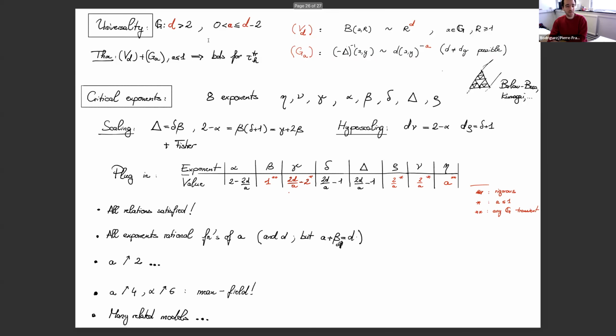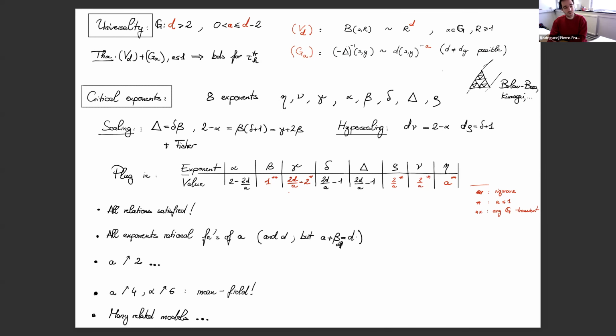Okay, and so now you can at least play a little game, right? We determine two exponents, eta and nu, and I told you there are 8 in total. So here are all 8 of them. I'm not going to define them all for you because it doesn't really help the discussion at this point.